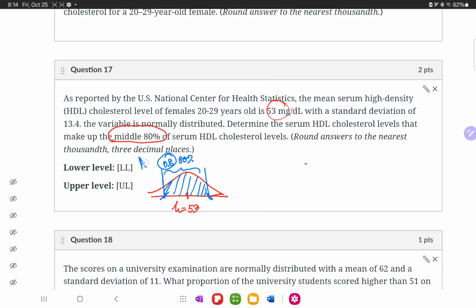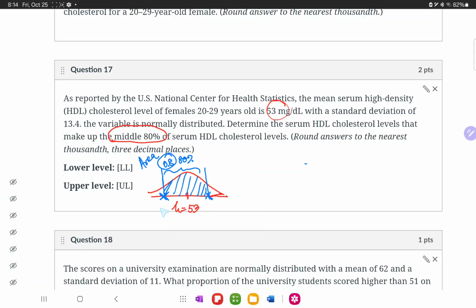That's the area. So essentially what we have to find are the values of these 2 endpoints that bound an area of 0.8 at the center.